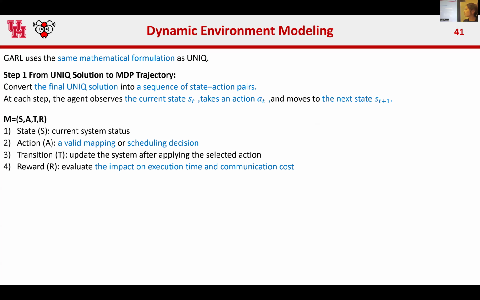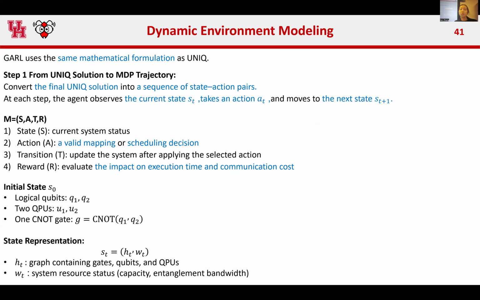As we mentioned, it has 4 important parameters. One is the state, the current system status, and one is the action. For our problem, we have 2 actions for each state: they can do the value mapping or the scheduling decision. Then there is the transition, and finally the reward.